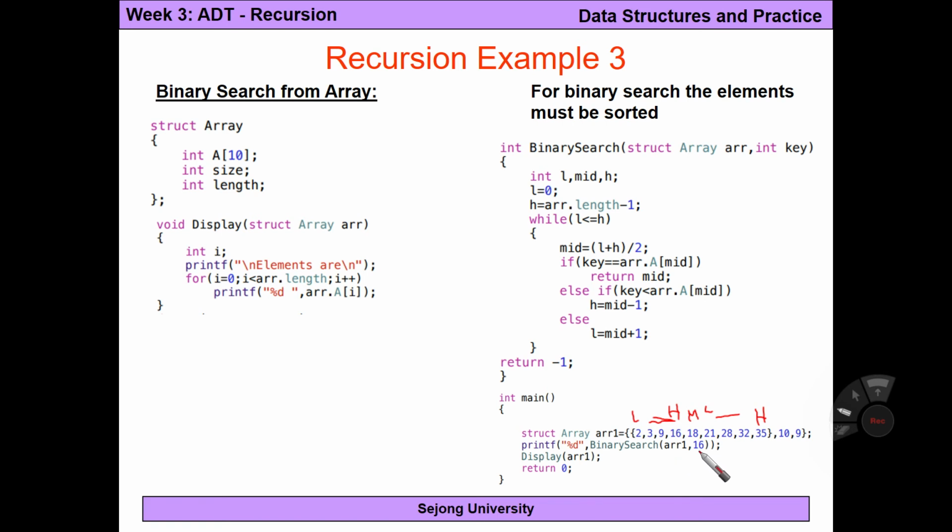For example, we are finding the value 16. So this will be here in this part. It will divide the array into smaller and smaller patches like this, between L and H. Again, it will find the mid. If the mid is calculated by the same method, next time L will be the same, 0, and H will be 3.